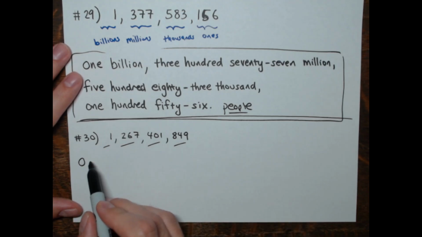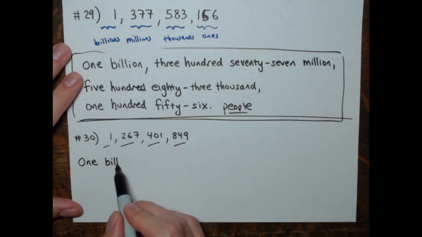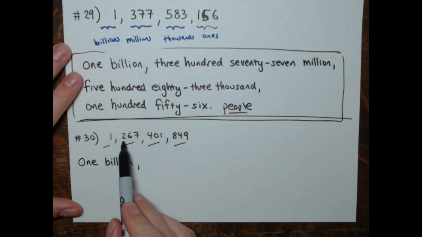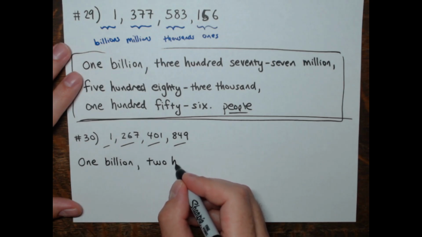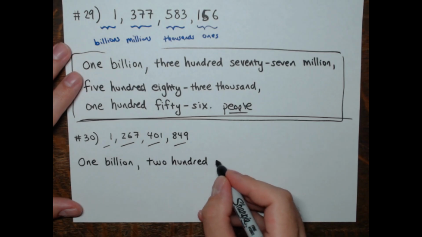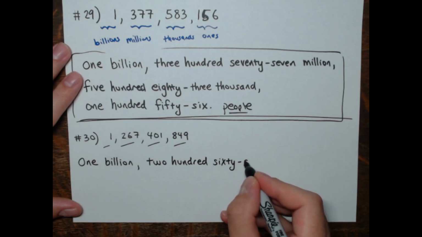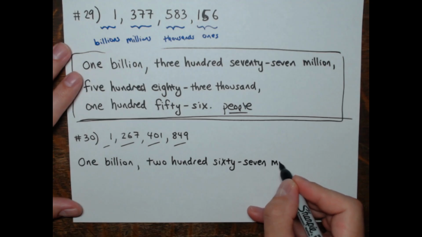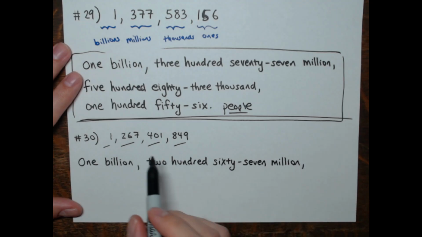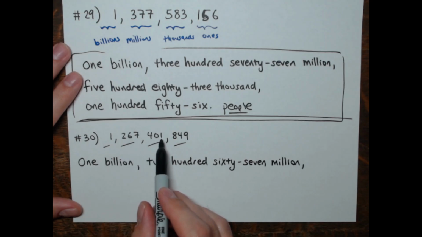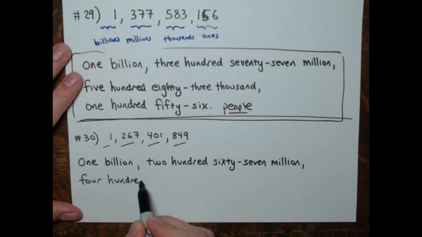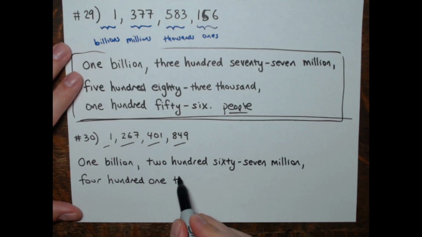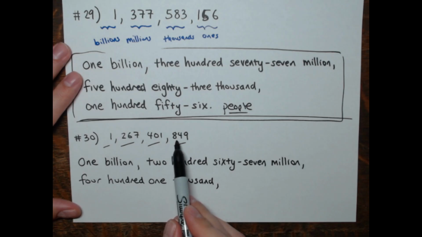So there is 1 billion, comma, 267 million, comma, 401,000, comma, and then 849.